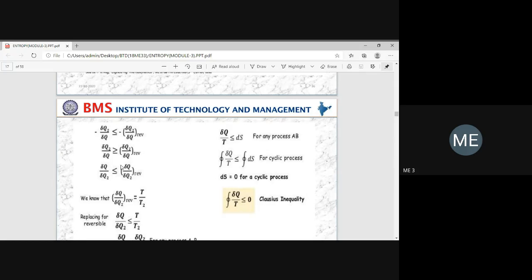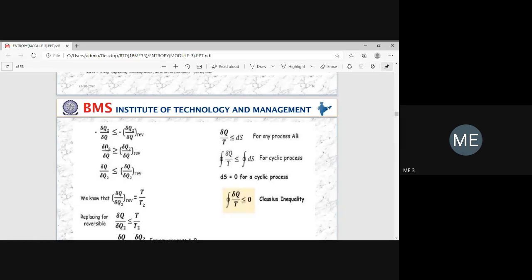It is not greater than 1 by 2. So like that, I am changing the denominator term into the numerator term. I'm taking dq as the numerator and dq2 as the denominator. Here also, dq as the numerator and dq2 as the denominator.